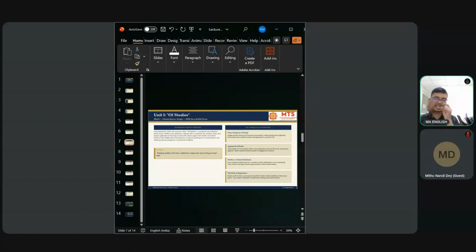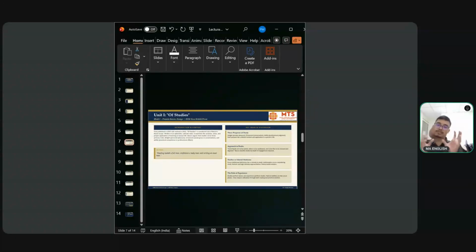And the second purpose is ornament. This means that our learning helps us speak well and converse intelligently in any social situation. So an educated person can discuss a wide range of topics with confidence and grace. The third purpose is ability. This means that studies equip us professionally.